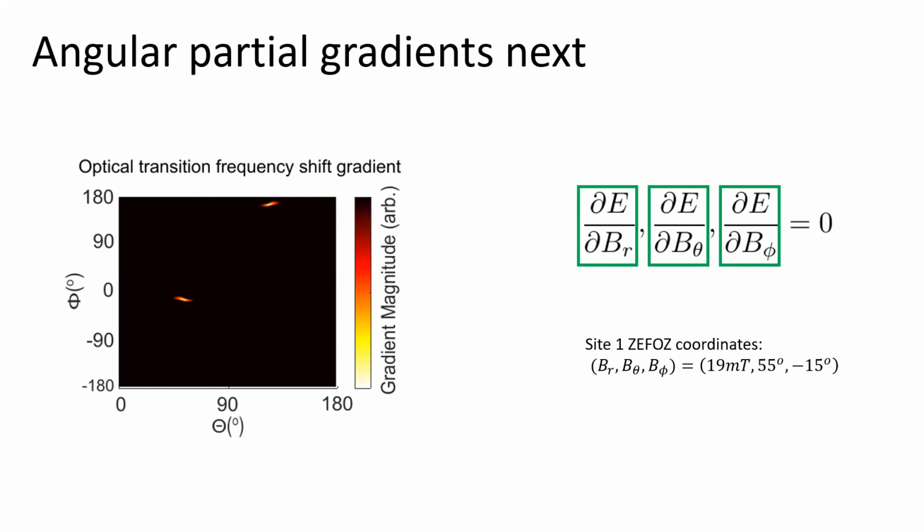Jake, it says on the axis gradient magnitude. What do you mean by gradient magnitude? Gradient magnitude. So I mapped out the angular change to the transition frequency, and then I took the gradient of it. So low gradient is 0. That's good.